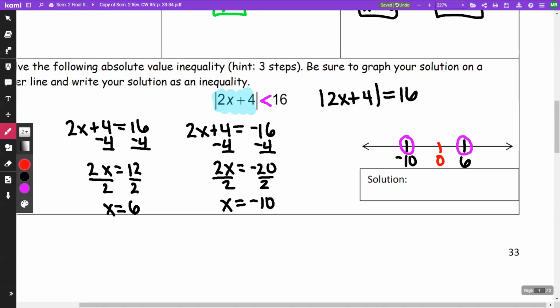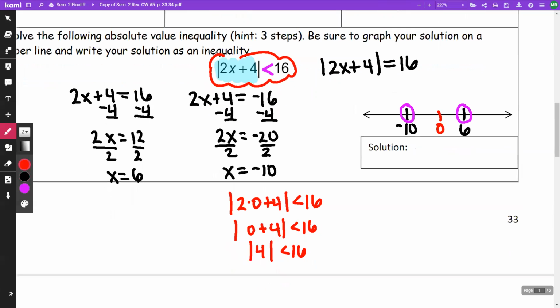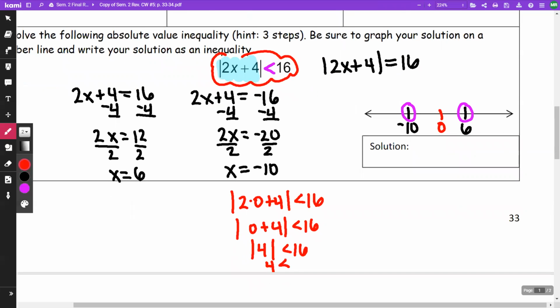So 2 times 0 is 0 plus 4 is less than 16. So absolute value of 4 is less than 16, and the absolute value of 4 is 4. So is 4 less than 16? That is true. So I'm going to shade where the 0 is, which means I'm going to shade in between.